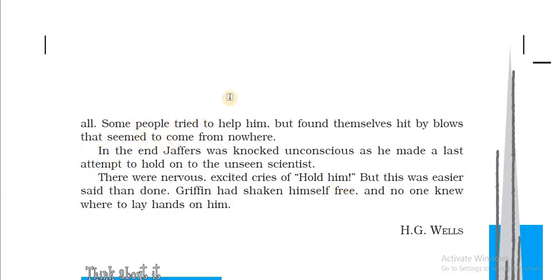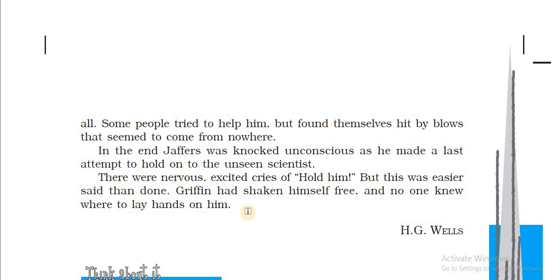Some people tried to help him but found themselves hit by blows that seemed to come from nowhere. Some more people tried to help the constable arrest the invisible man, but they got blows from Griffin because he was invisible and no one was able to see him, and the blows came out of nowhere.